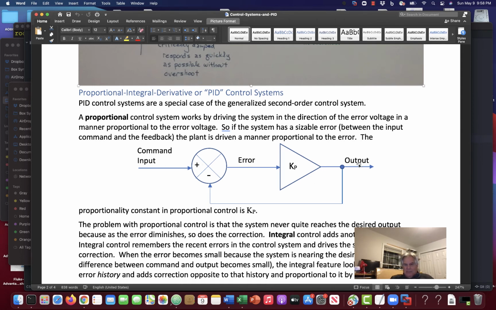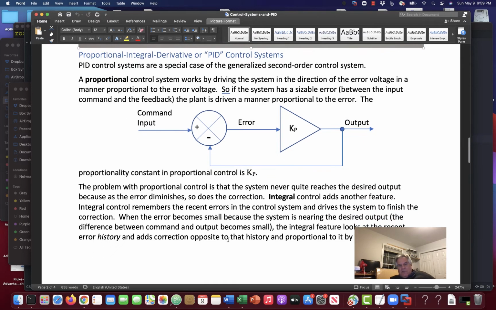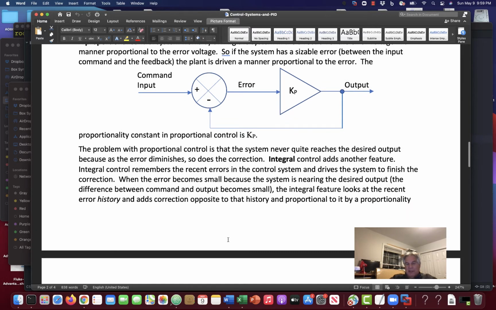So here's a proportional system. You've got a command input, you've got a feedback, and then you have some gain. And the bigger the error, the more oomph to try to get you there. This is actually a pretty effective control system in a way. But the one problem is that if the gain is really high, this system will overshoot, then whip back, and then whip forward, and then whip back.